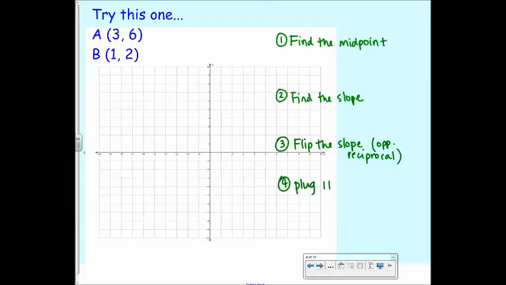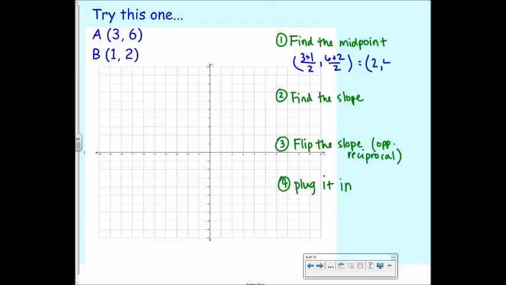So I'm going to do this one so that you guys have another example. So the first thing I'm going to do is find the midpoint. So I do 3 plus 1 over 2 and 6 plus 2 over 2. Which gives me 4 over 2 and 8 over 2, so that ends up being 2, 4 for my midpoint.